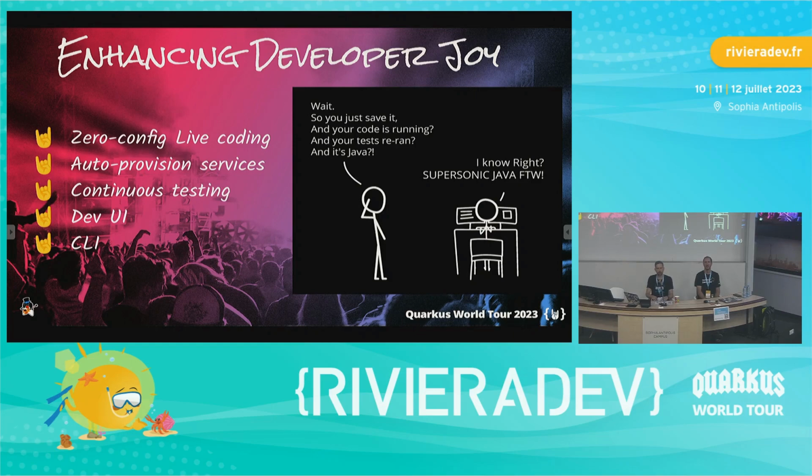For example, if I'm starting an application and I want to use a Postgres database, but I don't have one running on my local machine and I don't have it configured, Quarkus will see, hey, you have this dependency on a database, but you don't have one running. So Quarkus will use test containers to start up a container for you with that database configured.